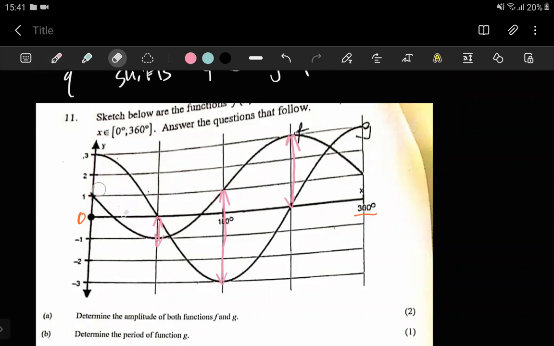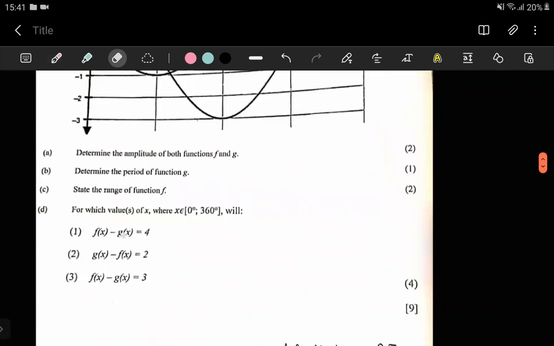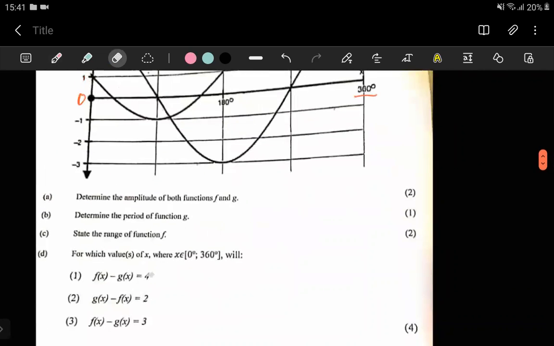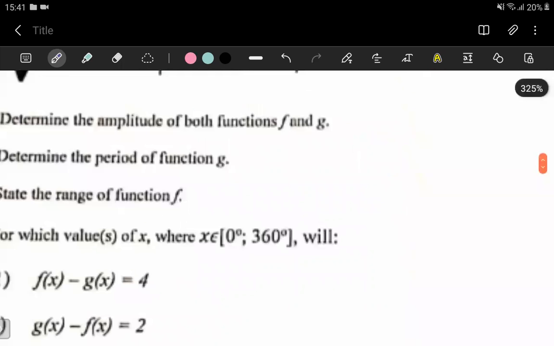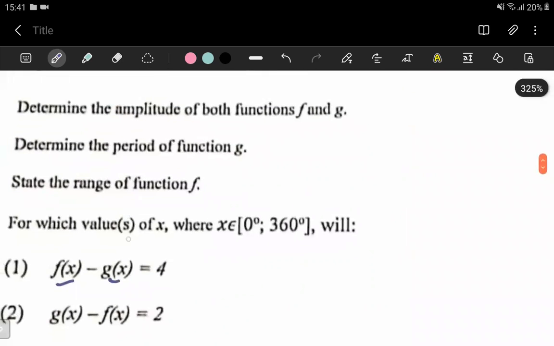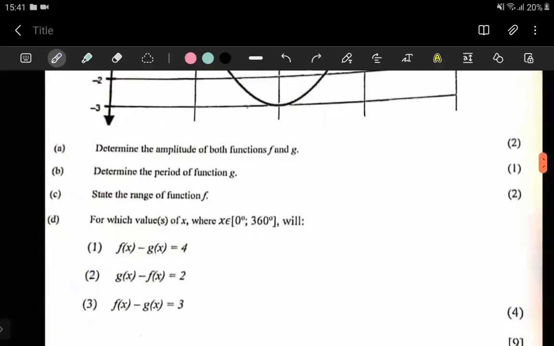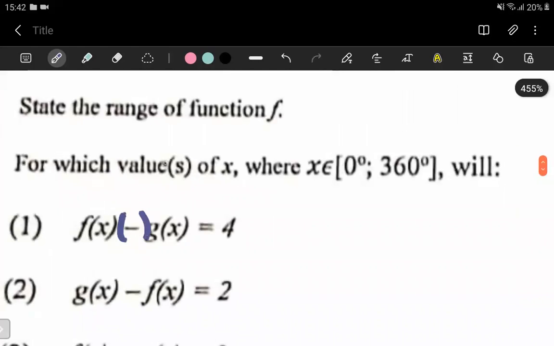So with our questions, that's literally all they want us to look for. They want us to look for the x values where the distance is a 4, where the distance is a 2, where the distance is a 3. Because all this is saying is you're going to have to take the y value of one graph and compare it to the other one. Remember, minus means difference.